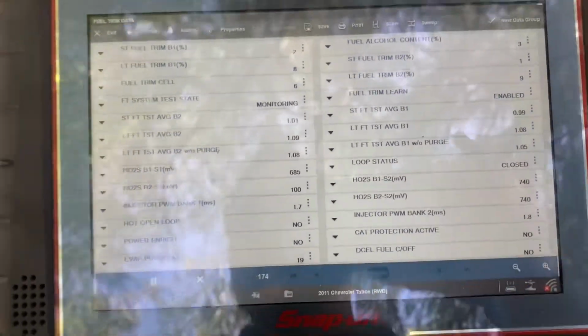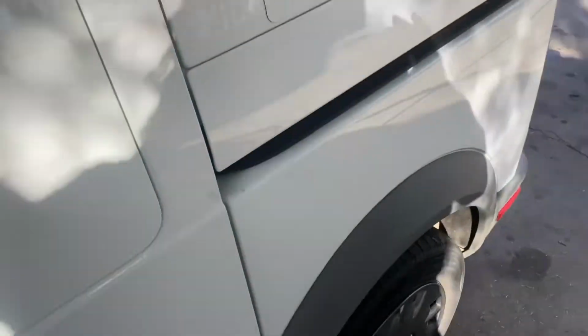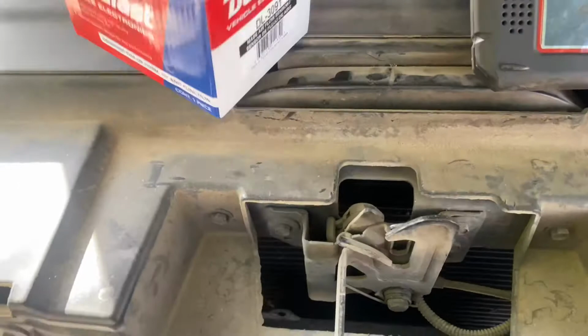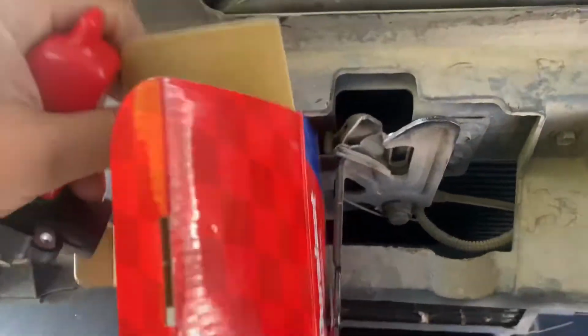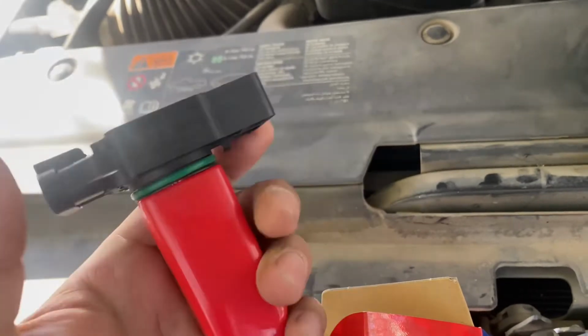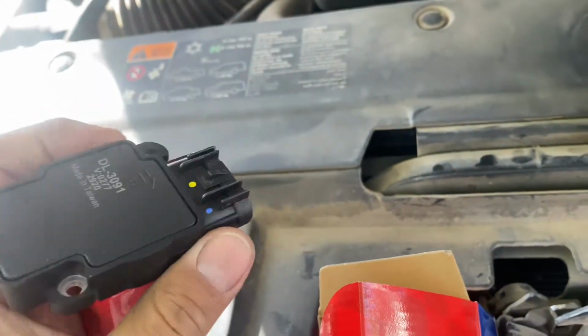But I did end up getting a sensor from AutoZone, and I will be swapping it out, and the fuel trims will go down.